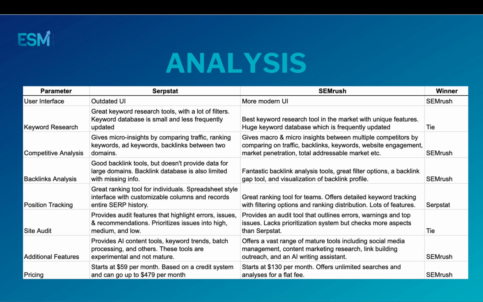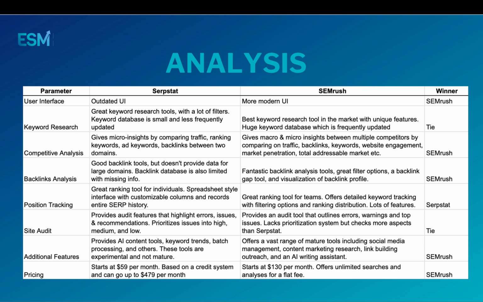If you're somebody who cares a lot about keyword research and good position tracking, Serpstat is a pretty good option at an affordable price point. But I would go for SEMrush over Serpstat. The issue with Serpstat, in my opinion, is that the data quality is just okay. They've got incomplete data, inaccurate data.